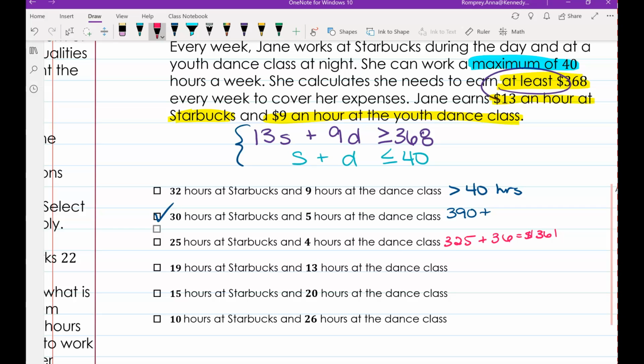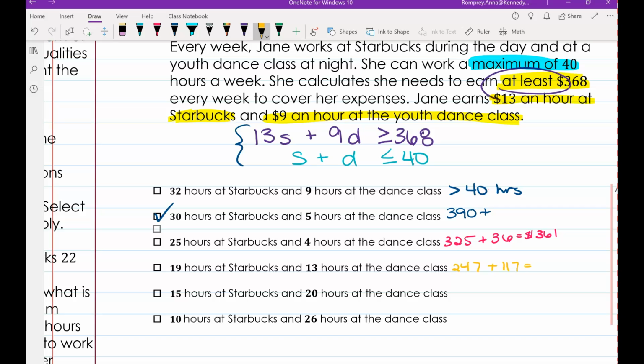So 19 hours at Starbucks and 13 hours at dance class. 19, 20, 30. Okay, so we're under the amount. 19 hours at Starbucks, 19 at $13 gives us $247, plus 13 hours at dance class. 13 hours at $9 each, $117.